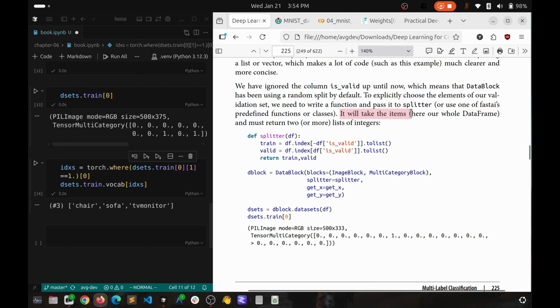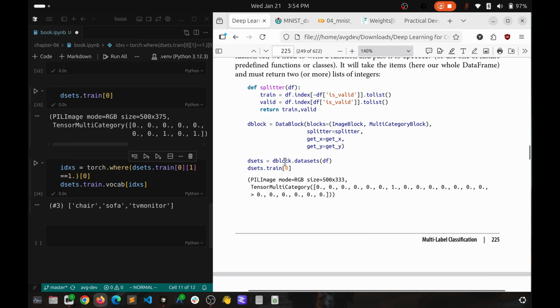It will take the items, here our whole data frame, and must return two or more lists of integers. So this is the implementation of a typical splitter. We're going to take a data frame, and convert anything that isn't listed as valid, not is_valid, to a list. The validation set will be anything that is valid, turned into a list, and return both of them. I guess that's all there is to it.